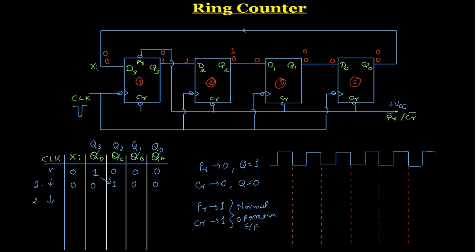When this second negative edge clock pulse is applied, the 0 at the input of flip-flop number 3 is now transferred to this output and becomes a 0. The input to the second flip-flop is 0, remember. Then it is transferred to this output, 0.